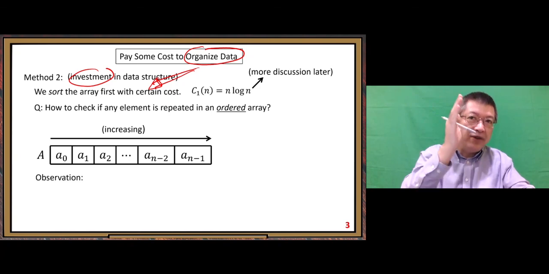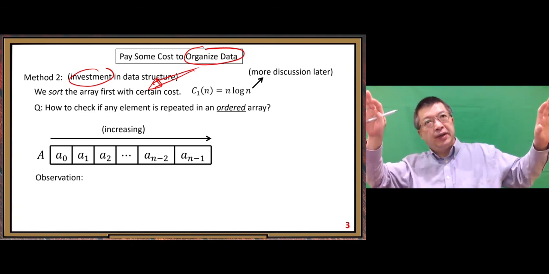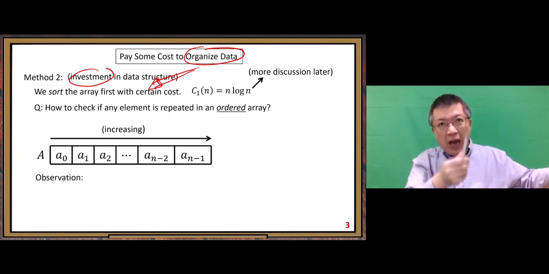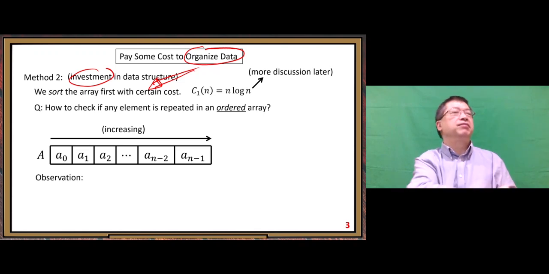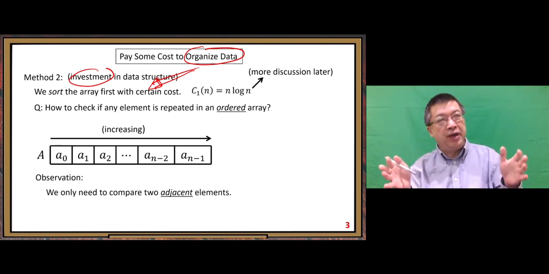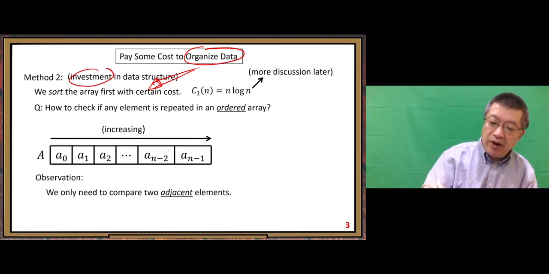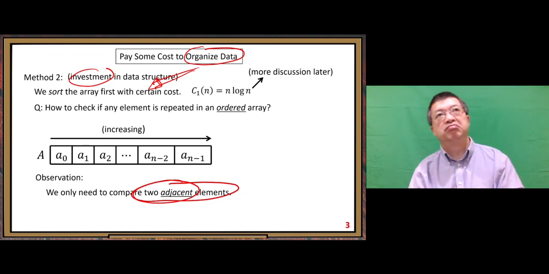Here we use one simple observation. If we have sorted data, an ordered array, and one element is repeated, then we can find two adjacent elements that have the same value. That is the critical property for this situation. In other words, we only need to compare two adjacent elements.